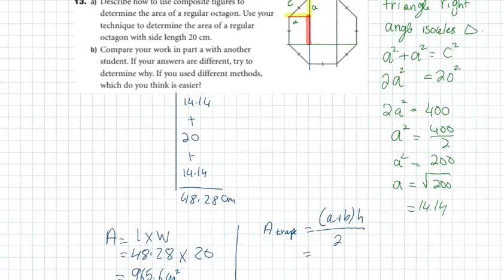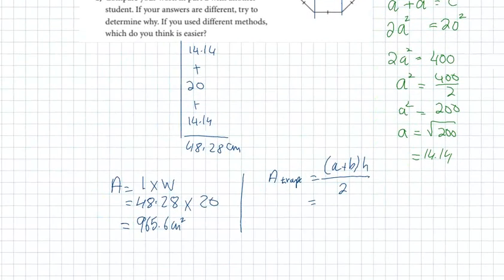So that's going to be 20 plus 48.28 times 14.14 divided by 2.